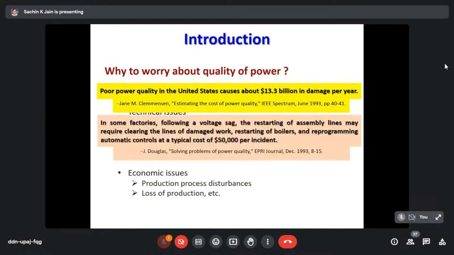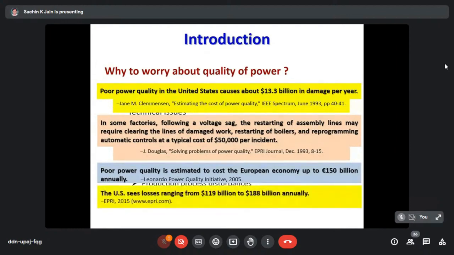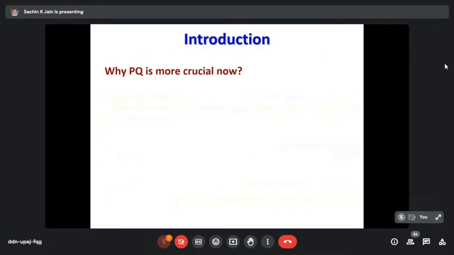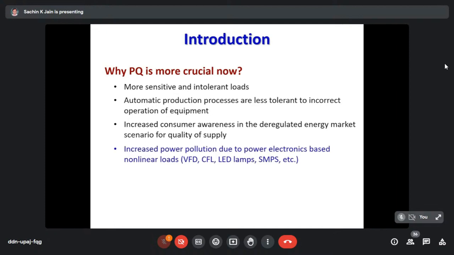In some factories following a voltage sag, this is again EPRI Journal 1993, it costs $50,000 per incident. Per incident, I'm not talking total yearly. Poor power quality is estimated to cost the European economy up to $150 billion annually. This is again the Power Quality Initiative. So what I would like to say is it is crucial, now or earlier also.